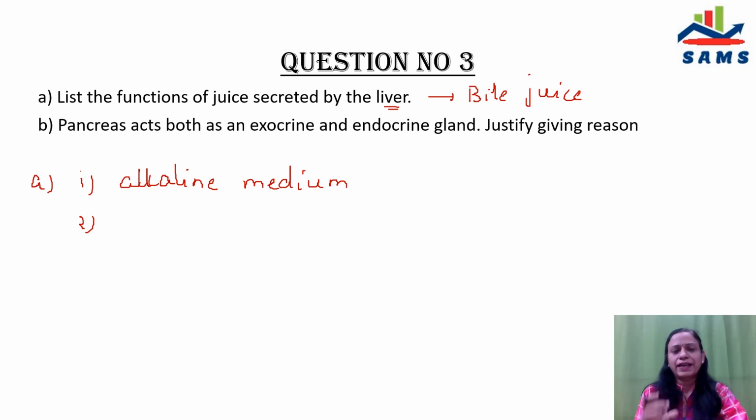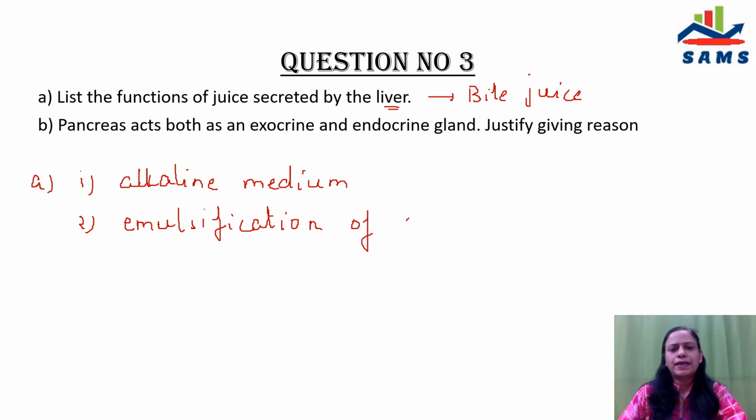So for the pancreatic enzymes to act on the food, the medium needs to be alkaline, and that is what is done by the bile juice. And the second most important function here is the emulsification of fats. It breaks down the larger fat droplets into smaller ones so that they can be easily absorbed by the blood. So these are the two functions of the bile juice, which is the secretion of the liver.